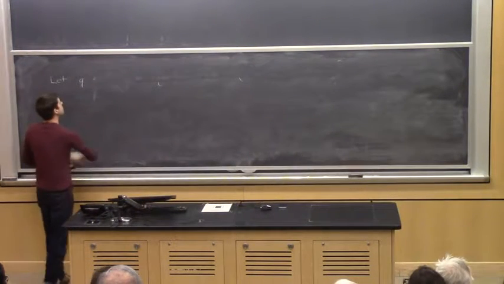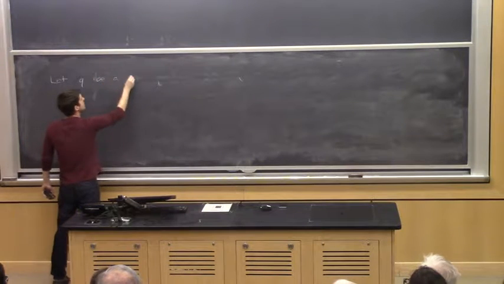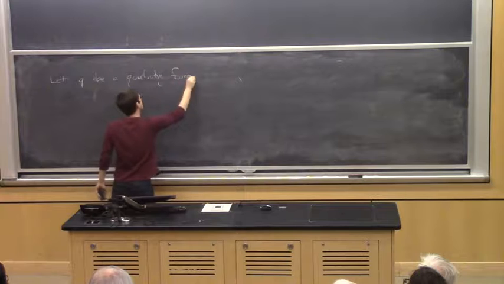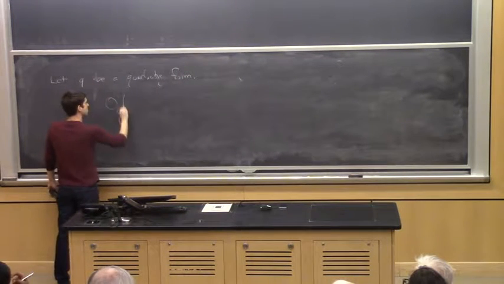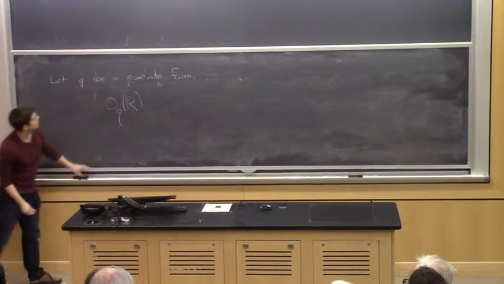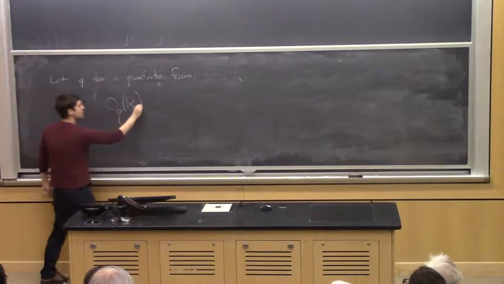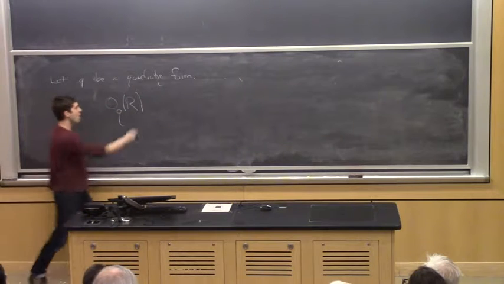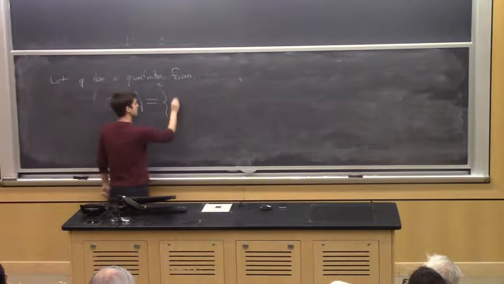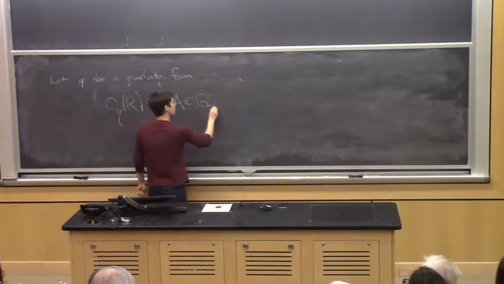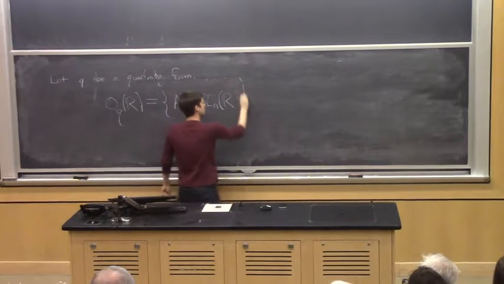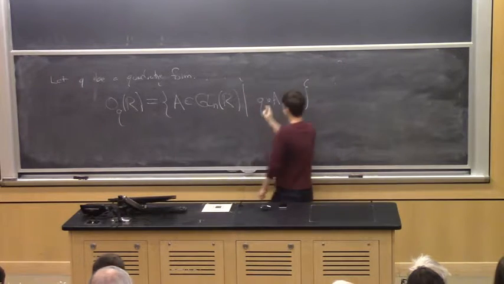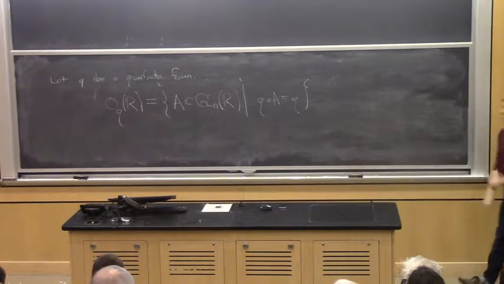So let's say that Q is a quadratic form, and R is a commutative ring where Q has its coefficients in R. I'm going to write OQ of R for the orthogonal group of Q over the ring R. So what this means is the set of all n by n matrices, where n is the number of variables, which carry this quadratic form to itself.